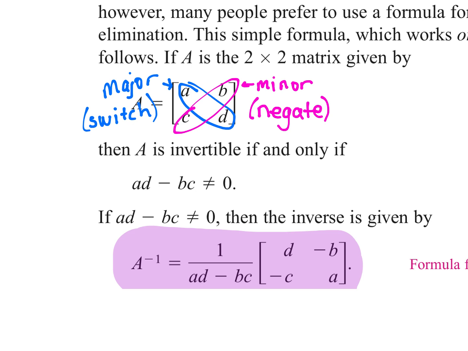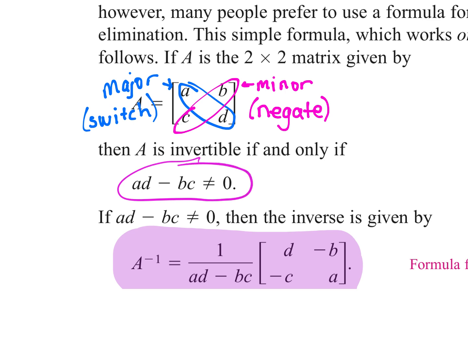They switch places. All right, the minor that I have in pink, it says negate. Look at the signs of B and C, and then look at the signs in the formula. What happens? They become negative. If something is originally negative, if you negate it, it becomes what? Positive.